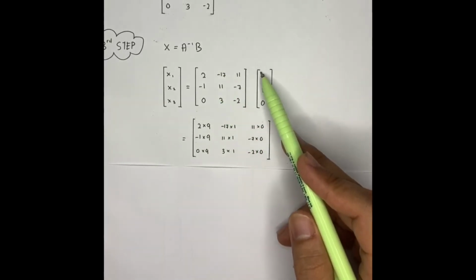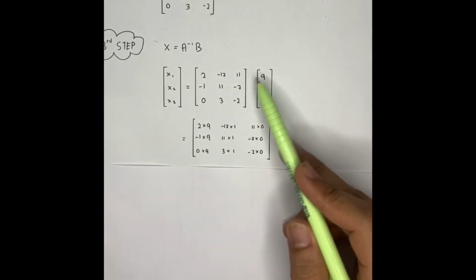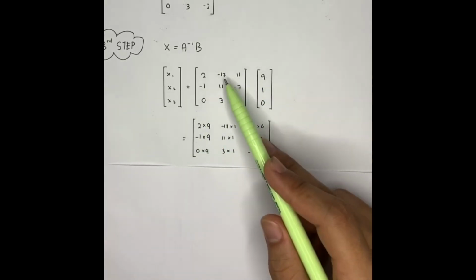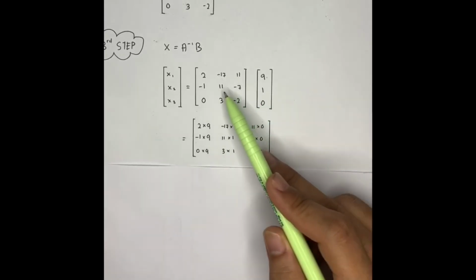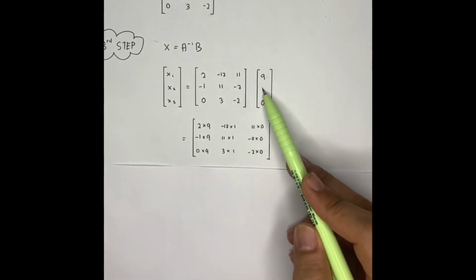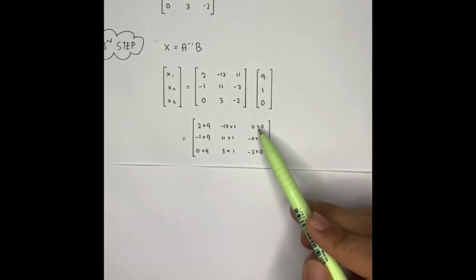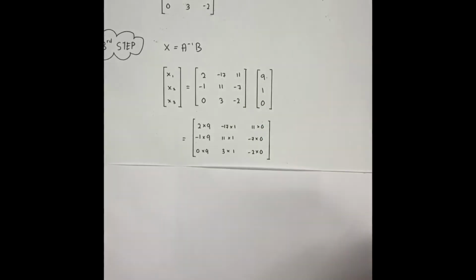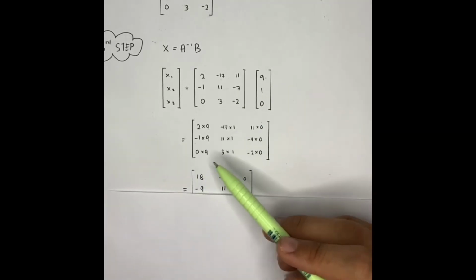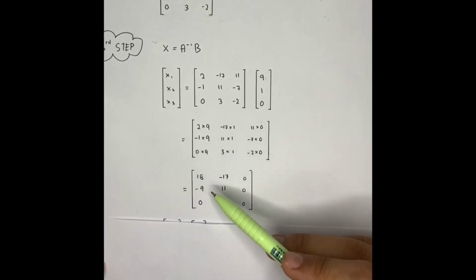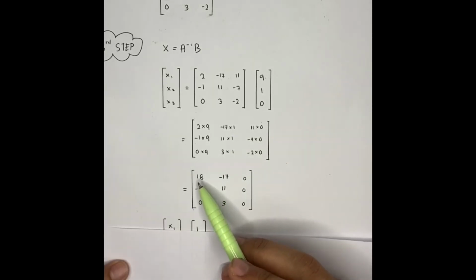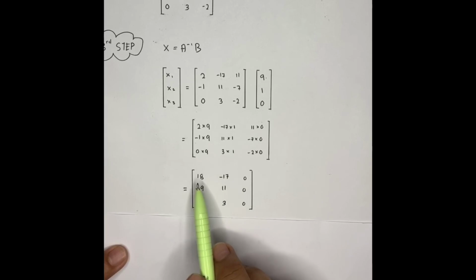2 multiplied by 9, negative 1, 9, 0, 9, like this one. Negative 17, 11 multiplied by 1, 3 multiplied by 1. After you finish multiplying, you will get the answer. You're not finished yet. You need to add all the rows.